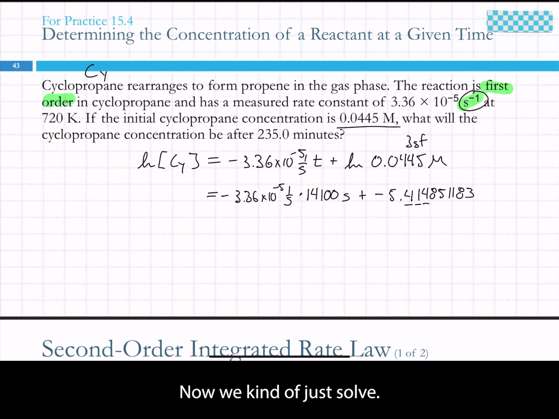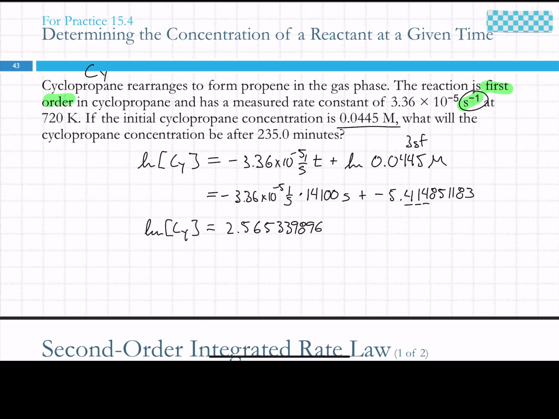Now we kind of just solve. So that plus negative 3.36 e to the negative 5 times 14,100. So this is still the natural log of cyclopropane. Still 3 sig figs. And now I got to do e raised to that.